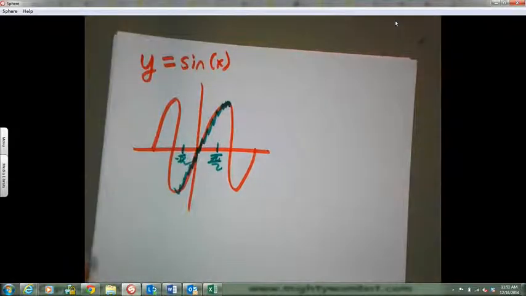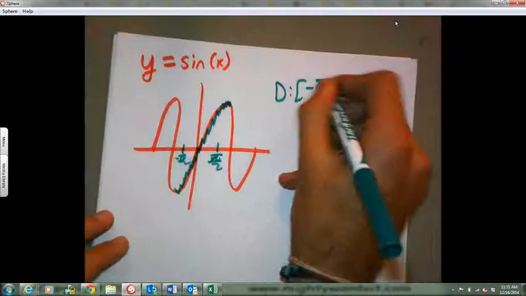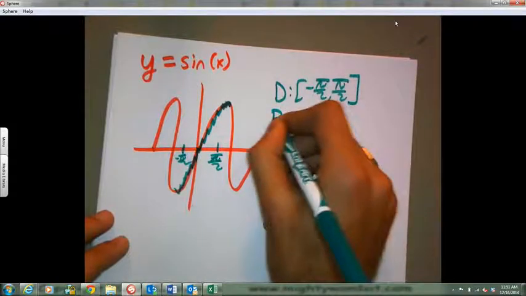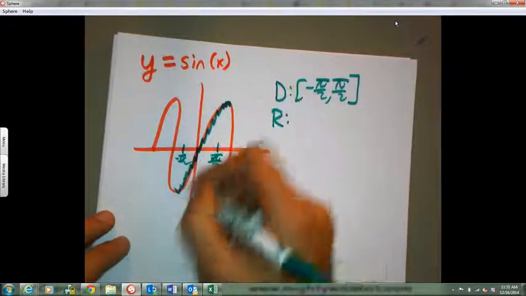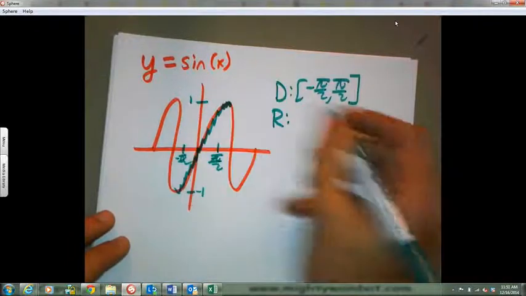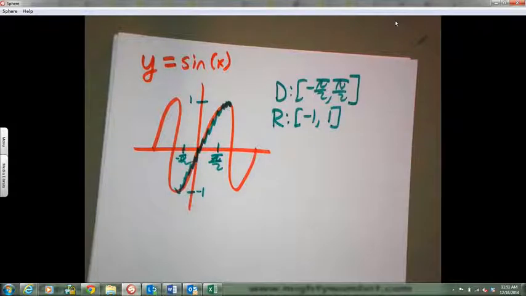So we said what? The domain would be negative pi over 2 to pi over 2. We said the range, if you think about this segment, the range is negative 1 to positive 1. Right?